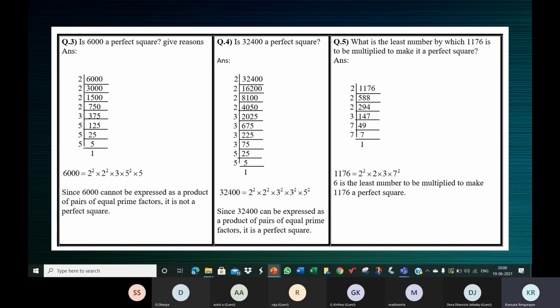Very nicely worked, Danya. Very good. Danya, one thing: that square root symbol, you should pull it till the end. The square root of 13 into 13 into 13 into 13 into 13 should come till the end.